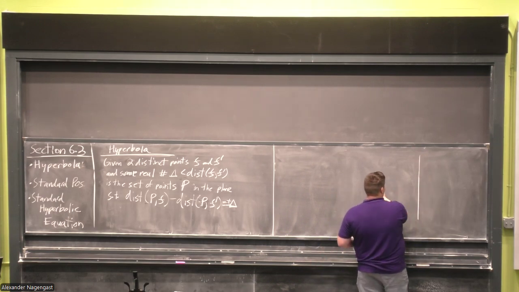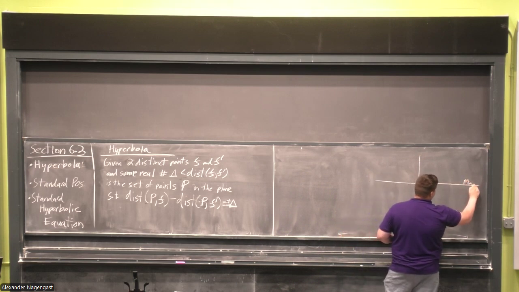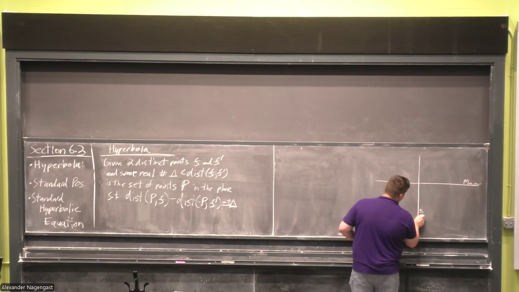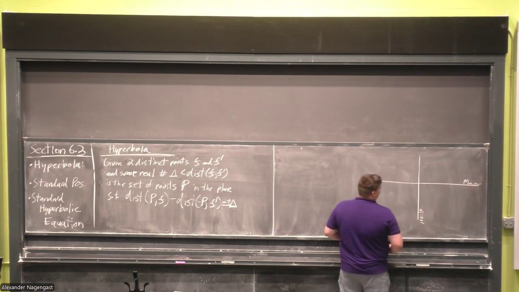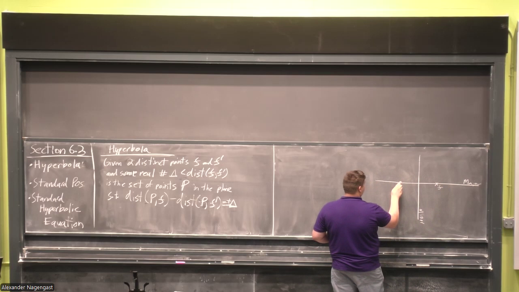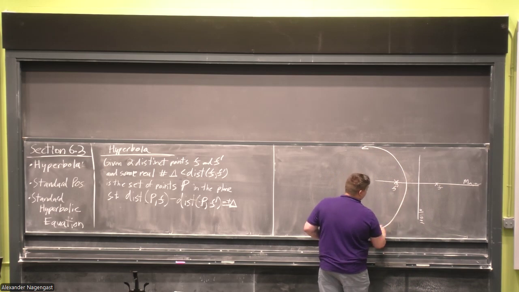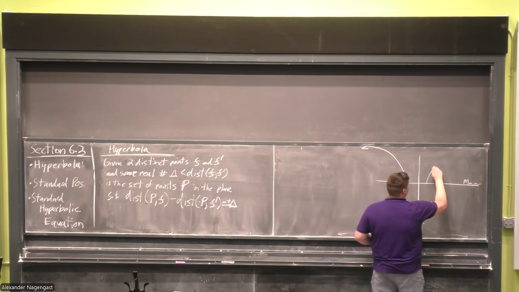Now, what does this describe? Well, if I draw two axes, and I'm going to call this one the major, this one the minor, and I'm going to have a foci here, F, and another foci here, F prime. And let's draw some hyperbola that looks like this.